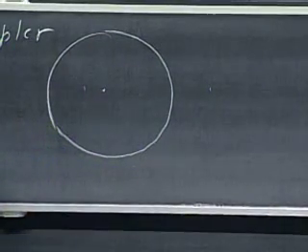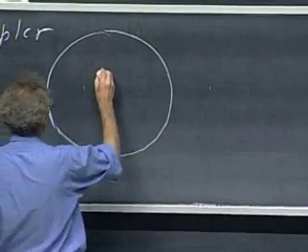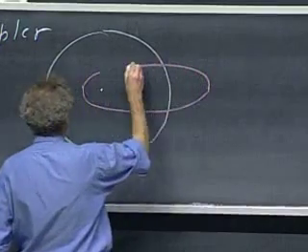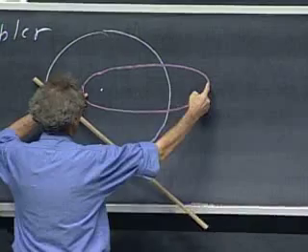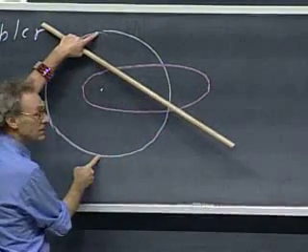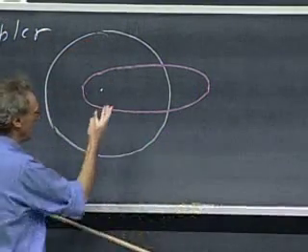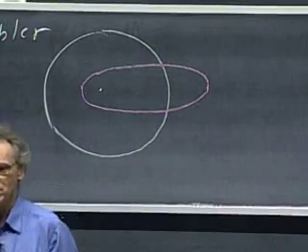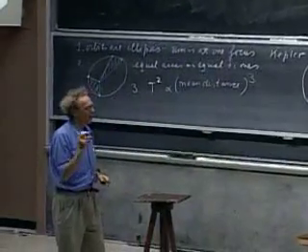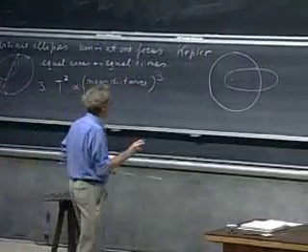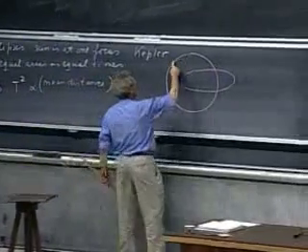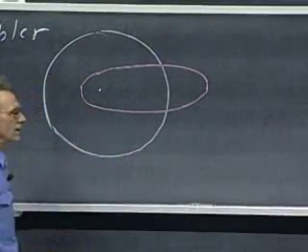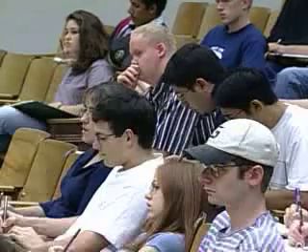Think of it as being an ellipse, and this is another one. This distance is the same as this distance. I've just done it that way. That means, according to equation 5 and 6, that both orbits have exactly the same mechanical energy, and both orbits have the same period. So to go around this circular orbit will take the same amount of time as to go around this one. And that is by no means obvious.